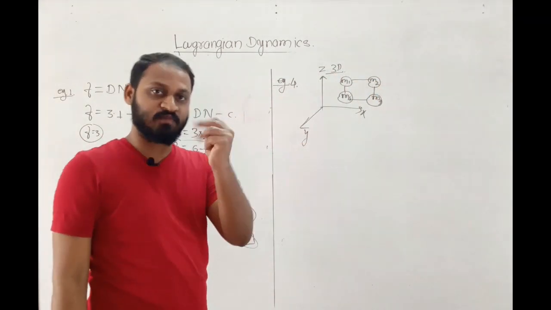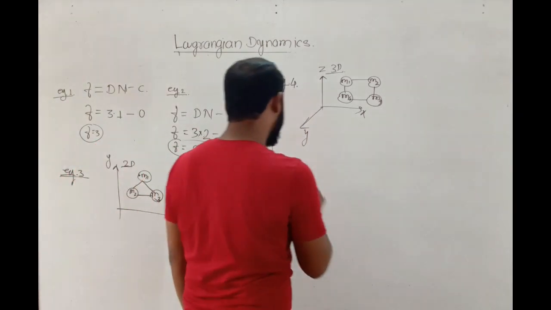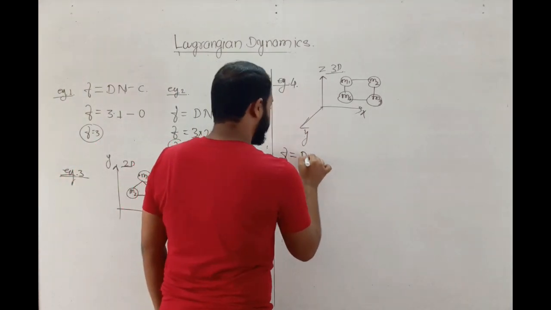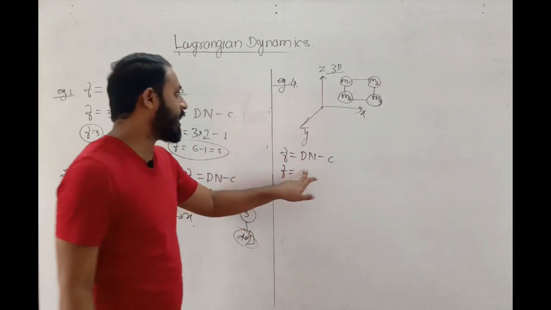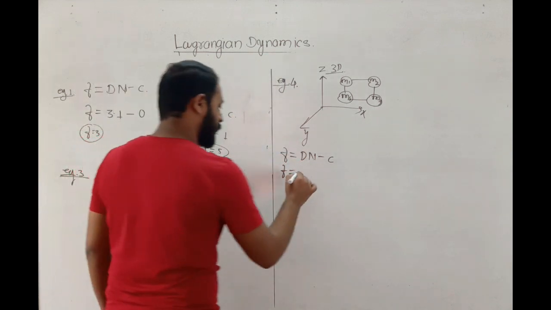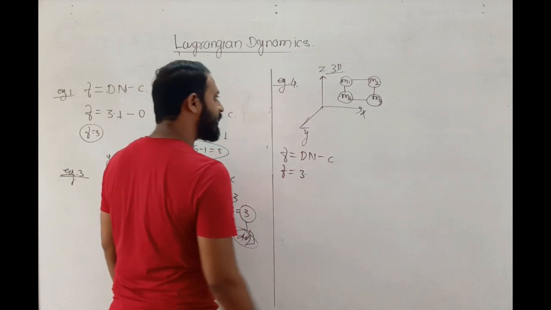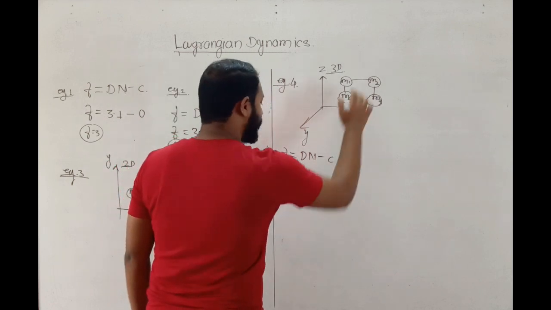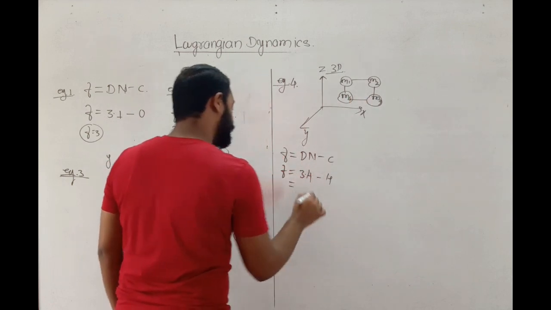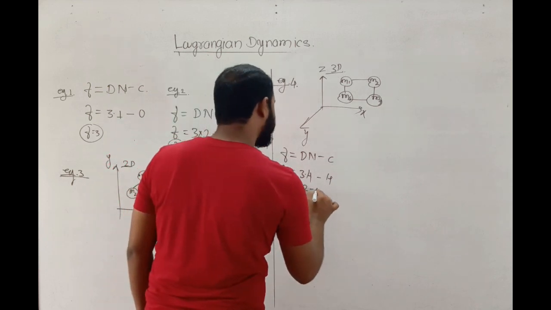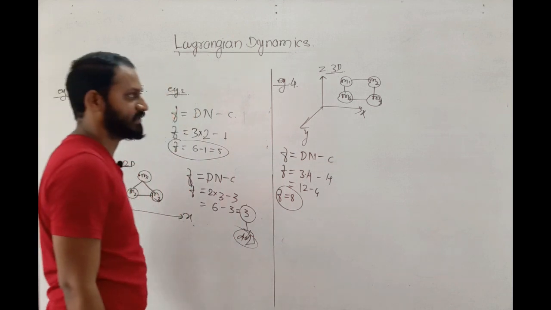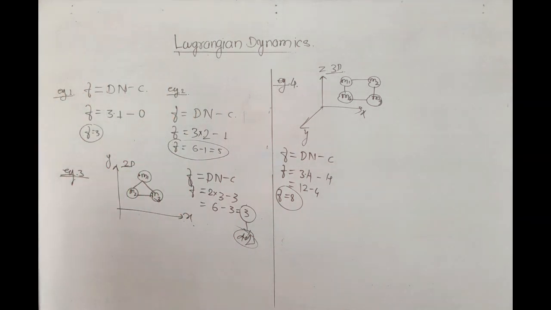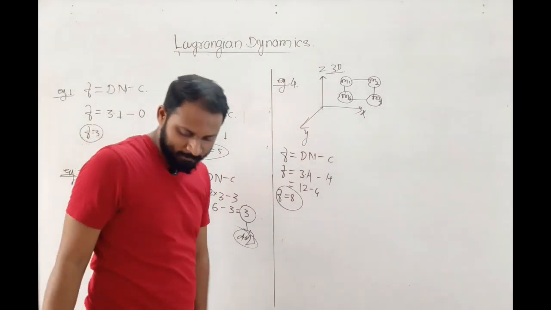Number of particles is 4. Then apply your short trick. f equals d into n minus c. Dimension is 3, number of particles 4, constraints 4. 3 into 4, 12, minus 4. Then how many degrees of freedom? 8.